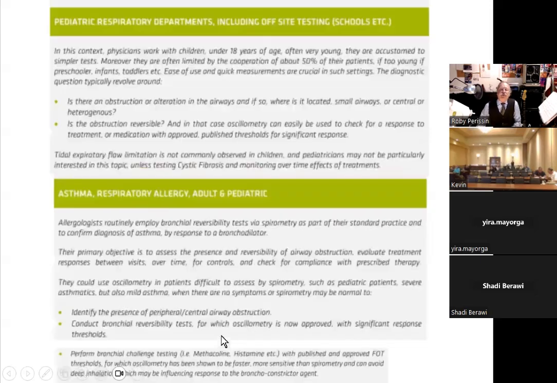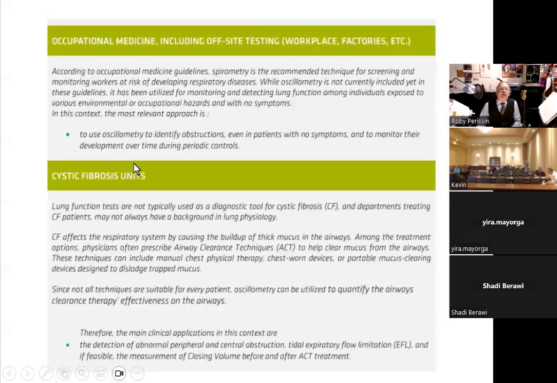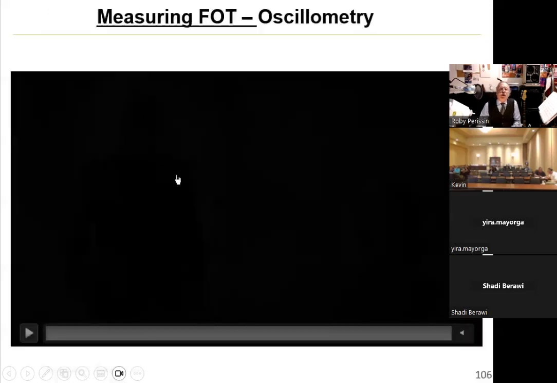Does the patient have expiratory flow limitation? In pediatrics, is there an obstruction? Is the obstruction reversible? In asthma, same thing. Identify the presence better than spirometry. In rehabilitation, show me abnormalities before and after therapy, the physiotherapy. In internal medicine, in cystic fibrosis, in occupational medicine.